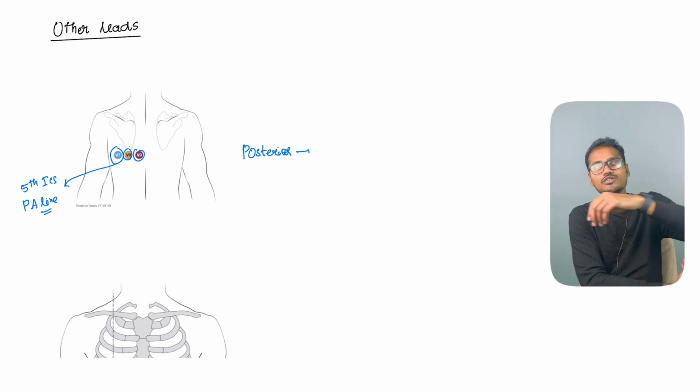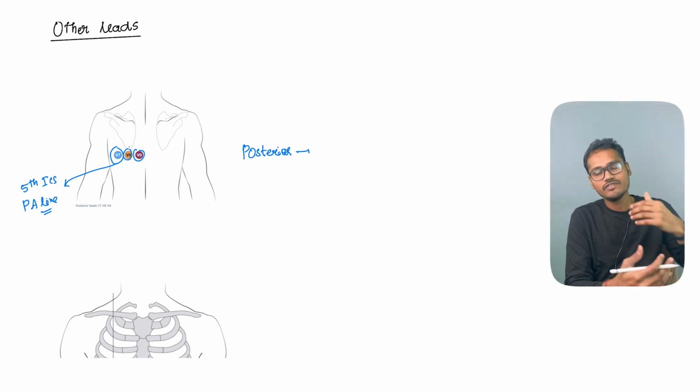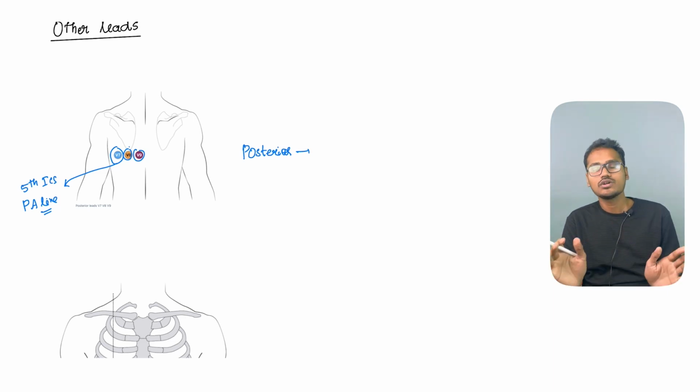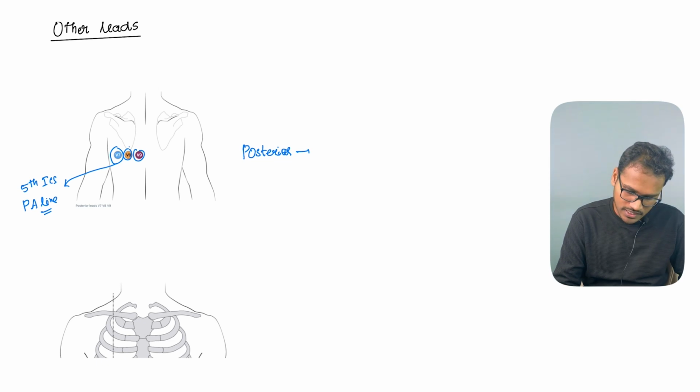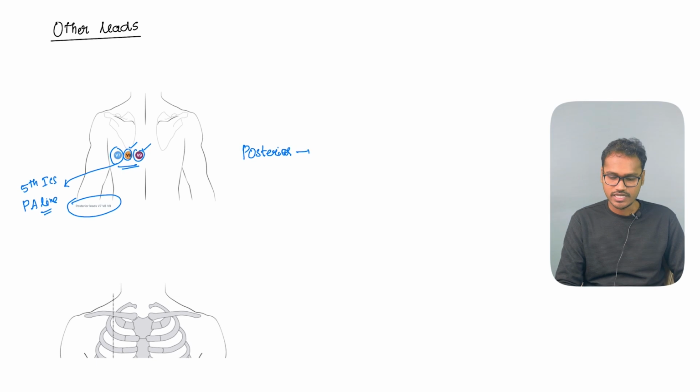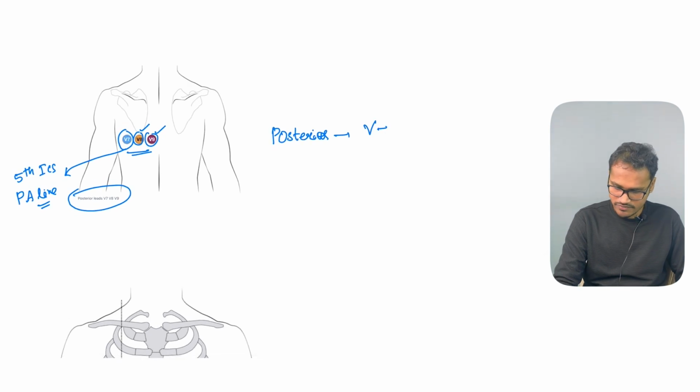So we want some leads when we suspect a posterior wall MI. But routinely this is not done. Routinely the standard 12 leads are done. These are special leads. Then we have V8 at the tip of the scapula, and in the paravertebral area we have V9. So the posterior leads are V7, V8 and V9.